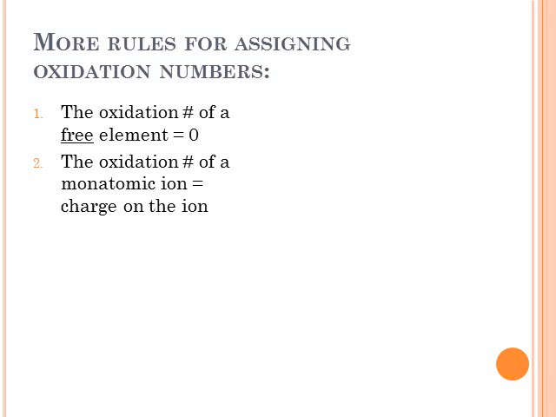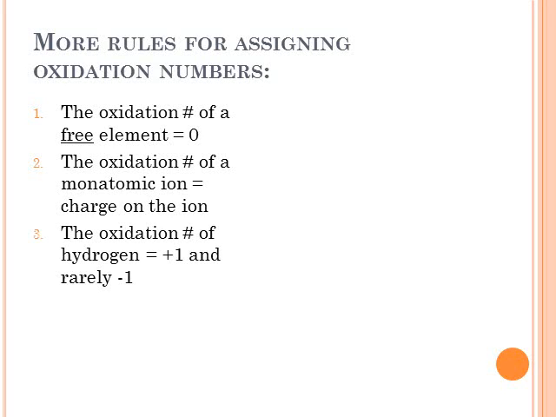The oxidation number of a monatomic ion, that is an ion that has only one kind of atom as part of the ion, is whatever the charge on that ion is. So if you're looking at a chlorine ion, Cl⁻, then the oxidation number for that is -1. So the charge will be the same as the oxidation number.